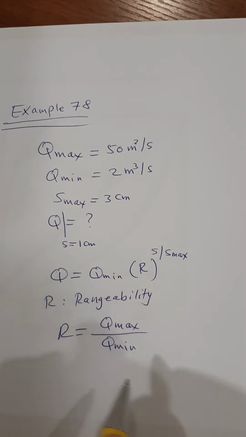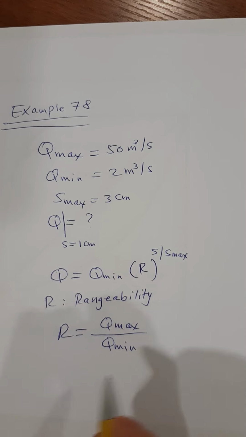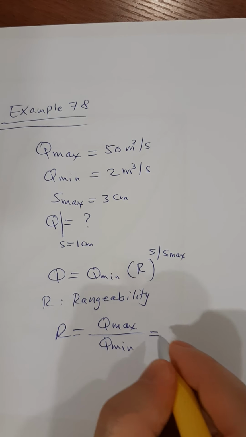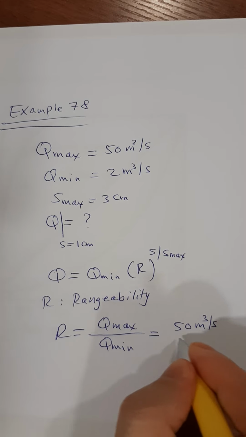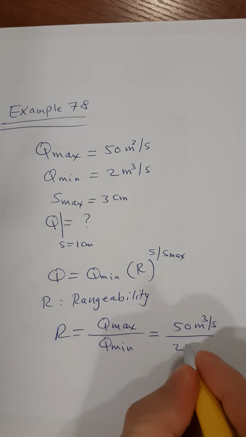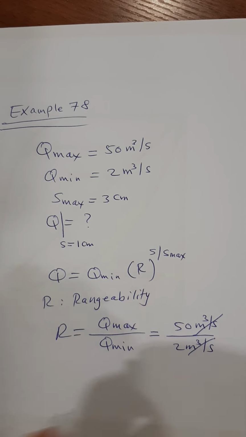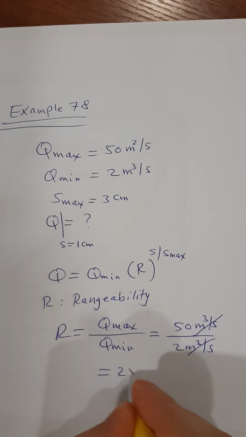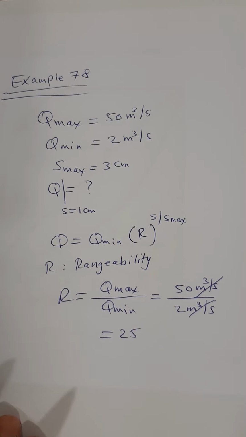It is a unitless quantity, it doesn't have a unit because we divide flow by flow. So in this case we have 50 meter cubed per second over Q minimum, 2 meter cubed per second. The meter cubed per second cancels. 50 by 2 is equal to 25. So R is equal to 25.